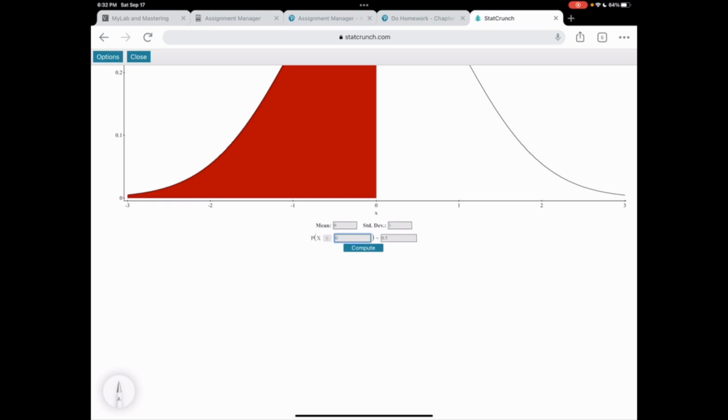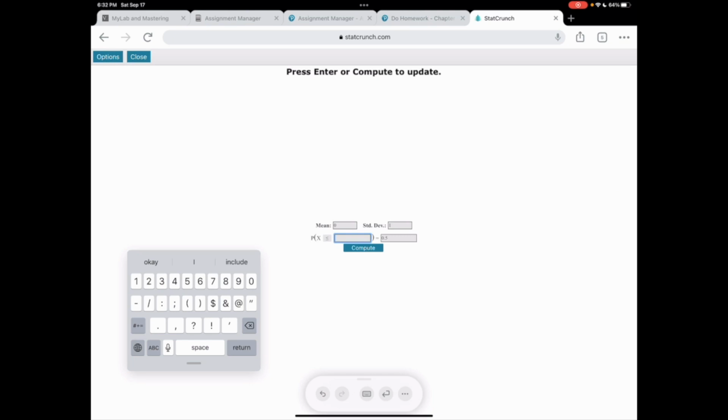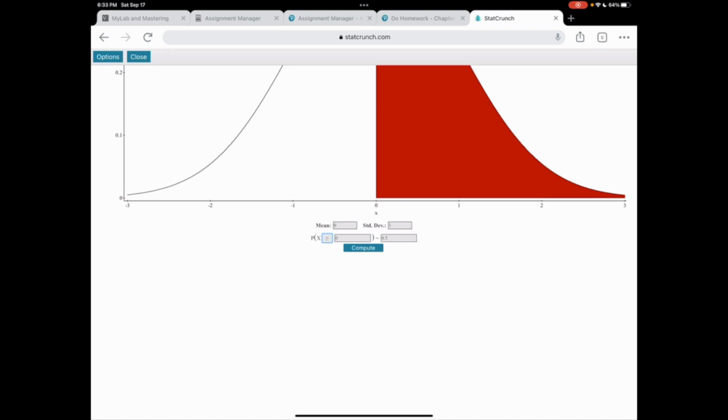However, we need to tell it that we don't want the probability that x is less than or equal to 0, but we want to go to the right. So you tap your inequality, and you can see that you're able to select a greater than or equal to.